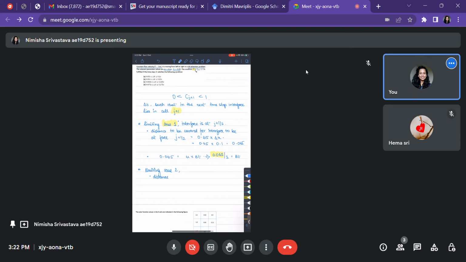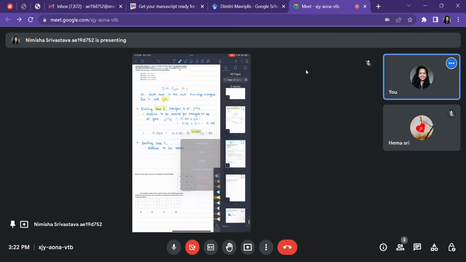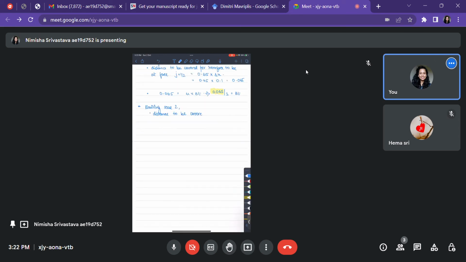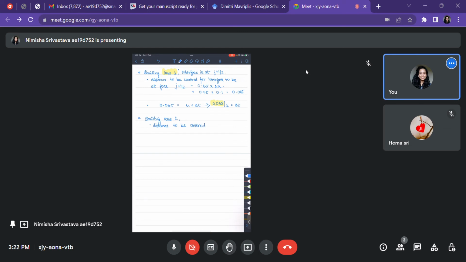Distance to be covered for the interface to be at phase j plus 3 by 2.